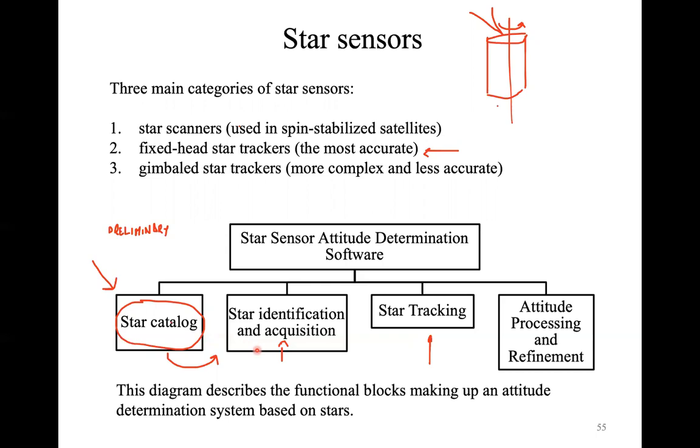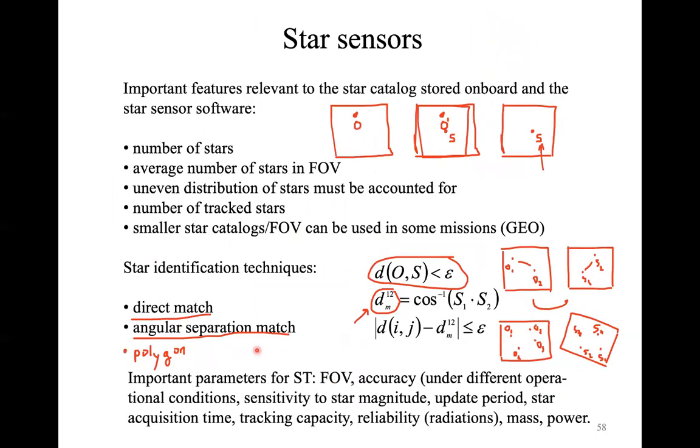That's the reason why, as we have seen on Thursday, you need to do that at the beginning of operation of a star tracker. So you identify the stars by using, for example, the angular separation match, or even better, the polygon match of a star constellation, in order to determine that you are exactly looking at the stars that you have on the map that you have loaded before.